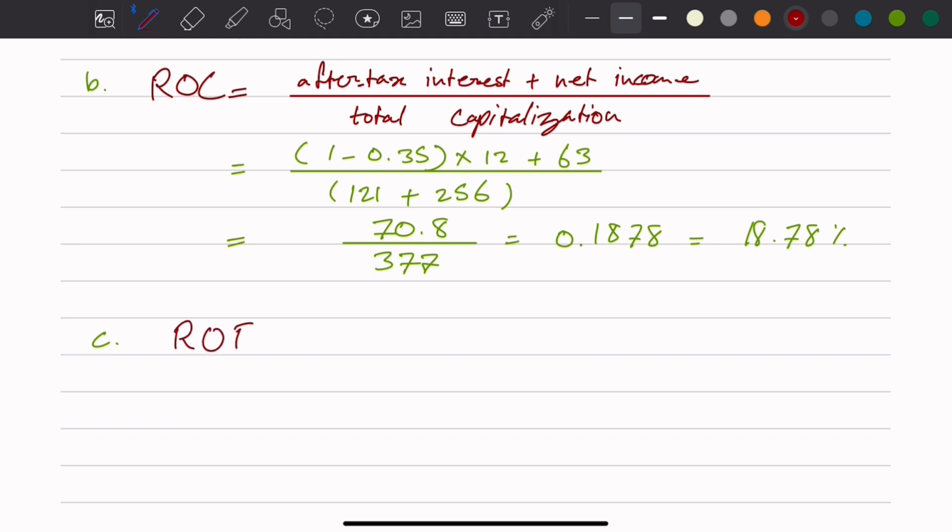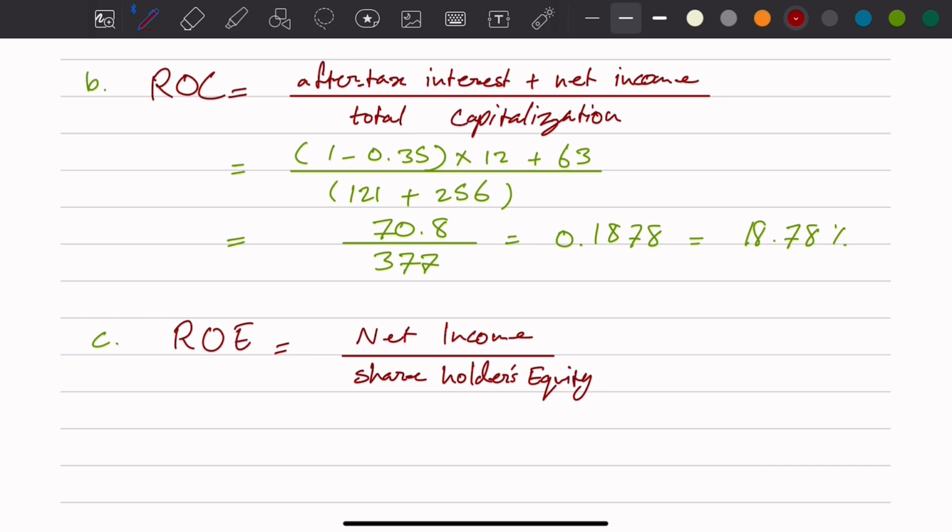The return on equity uses the net income of the company divided by the shareholders' equity.